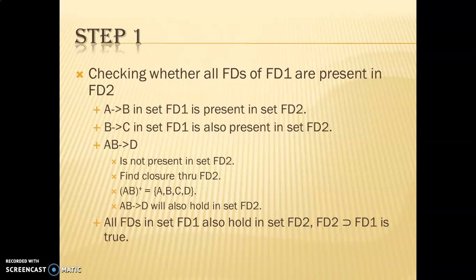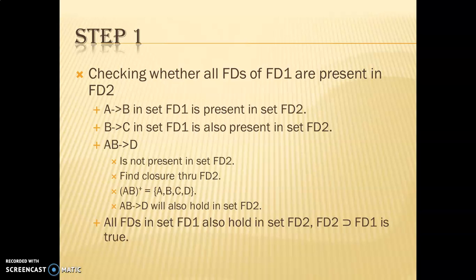So we need to find the closure for AB determines D through the second set of functional dependencies. That is, we are going to check whether we are able to derive all the attributes available in the relation through the functional dependencies.